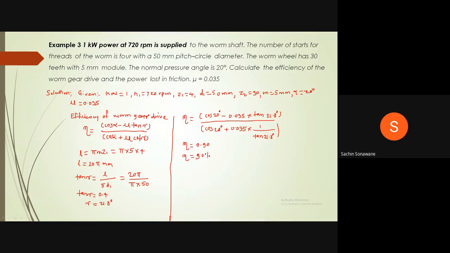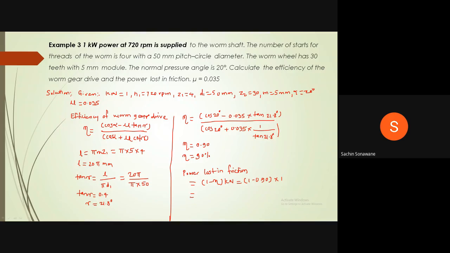Therefore, we will find out power lost in friction. Write down, this is the first answer. Now, power lost in friction is equal to 1 minus efficiency into kilowatt. Therefore, substitute the values: 1 minus 0.90 into 1.